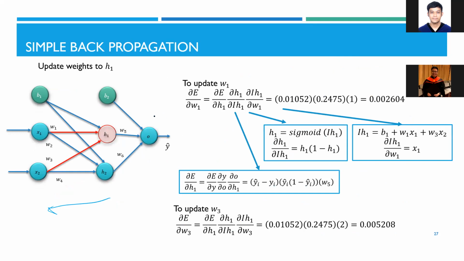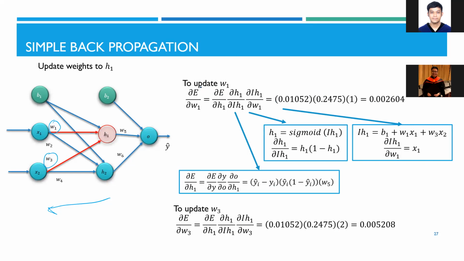Let's say this is now our position here. We see the nodes H1 have input from W1 and W3. So we can update W1 and W3 using this equation.